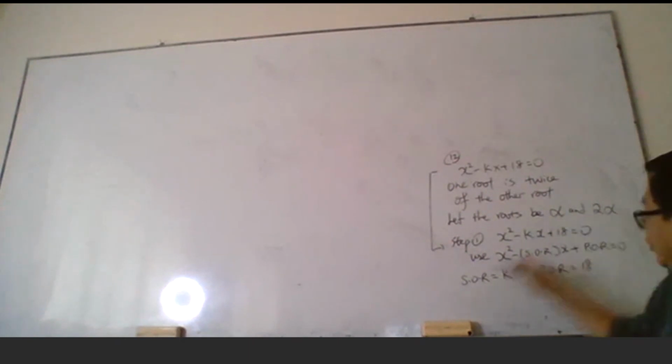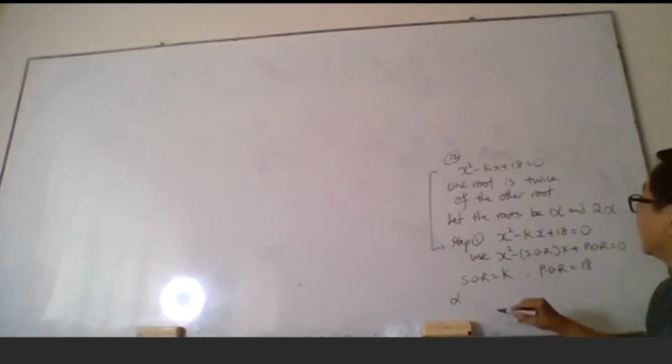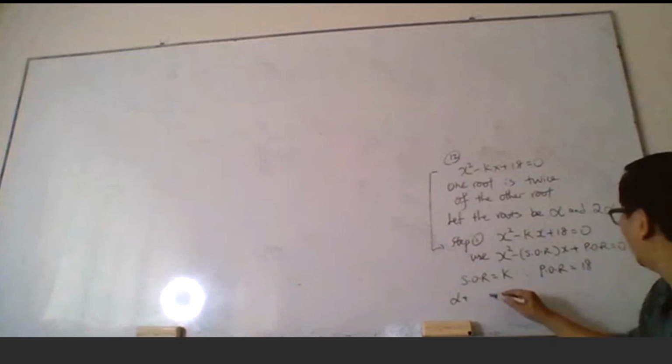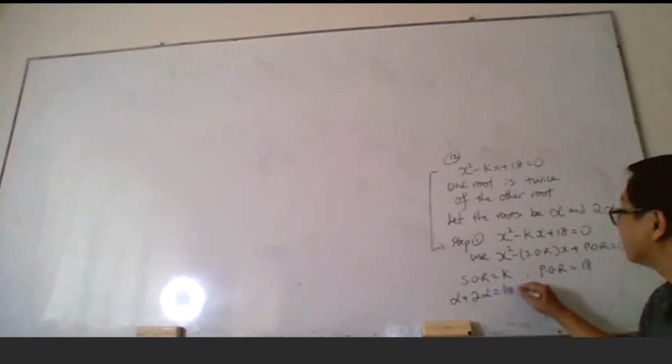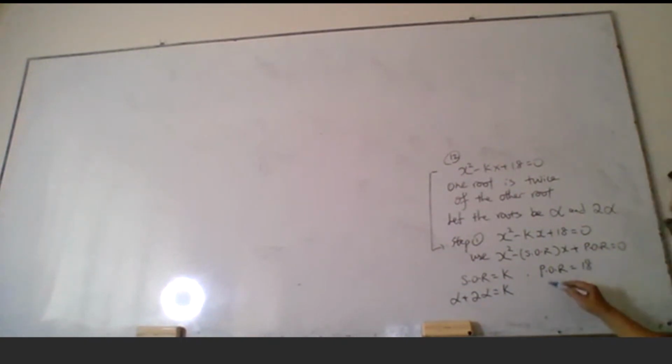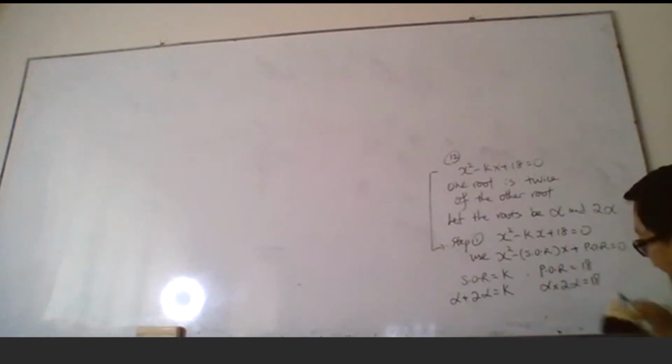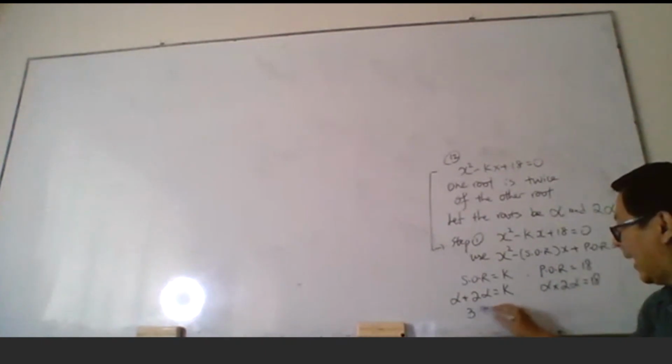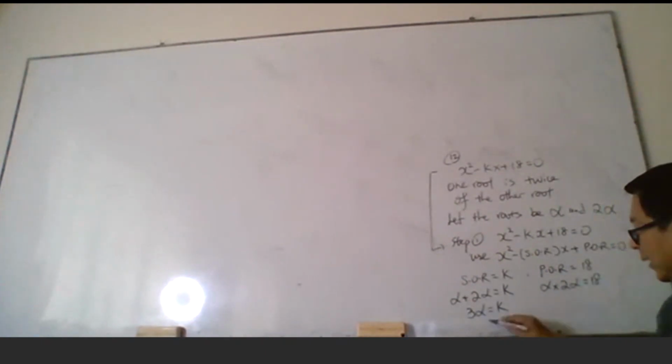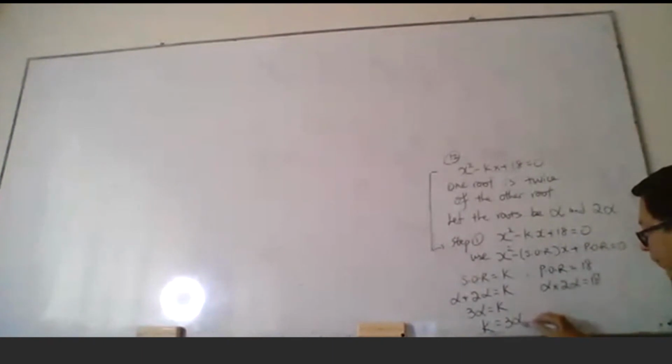The sum of the roots actually is alpha plus 2 alpha, and the product means alpha times 2 alpha equal to 18. Right here, 3 alpha equal to k, or I may say that k equal to 3 alpha.